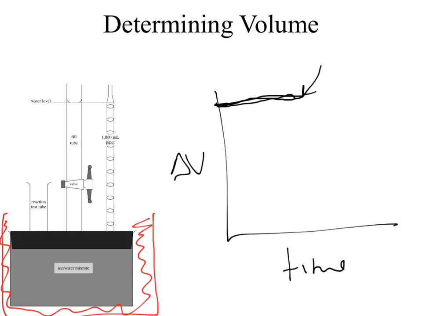Now we add our reaction, the volume immediately drops down and then flatlines. There's no more heat being released. That's in theory. More than likely, what's your experiment look like? Pretty close to that. Where's your final volume?